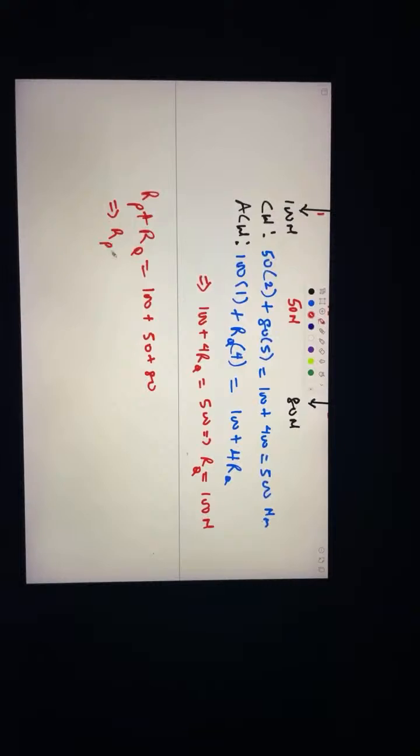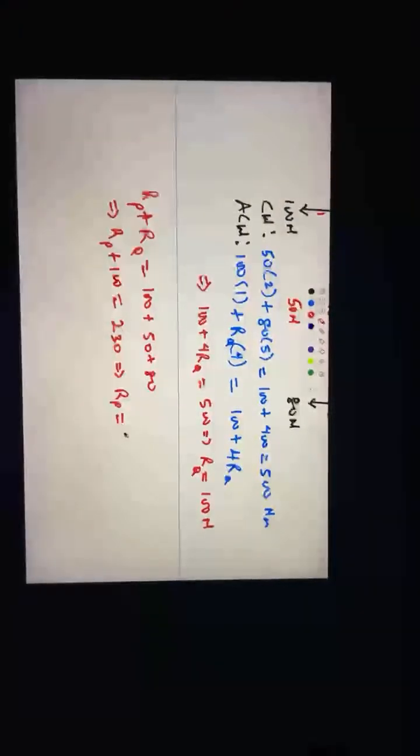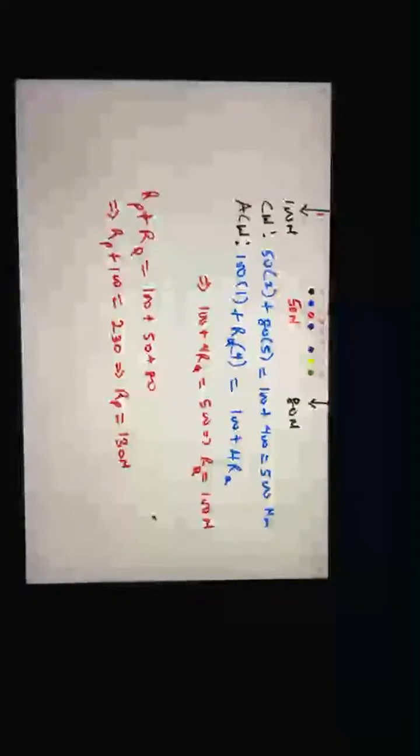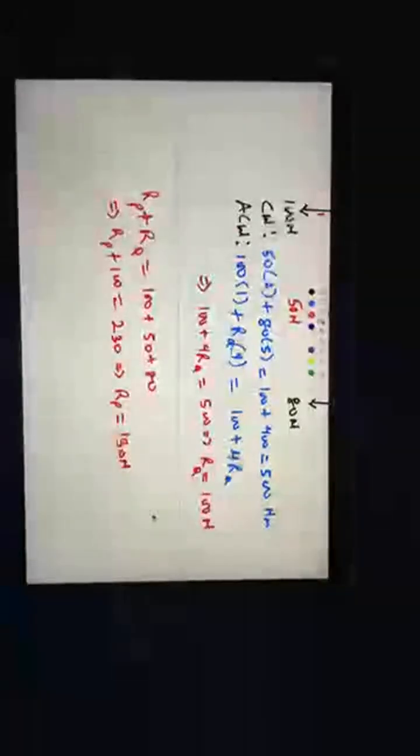So RP plus 100 equals 230, which implies that RP is 230 minus 100, which is 130 newtons. Hence reaction at P is 130 newtons, while reaction at Q is 100 newtons.